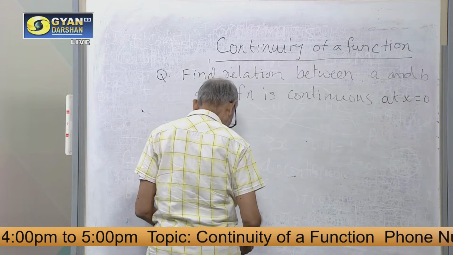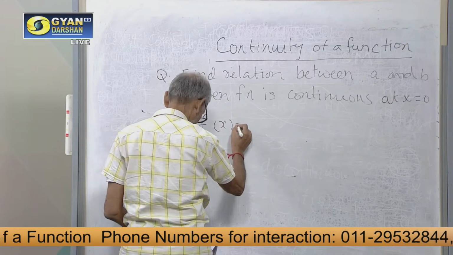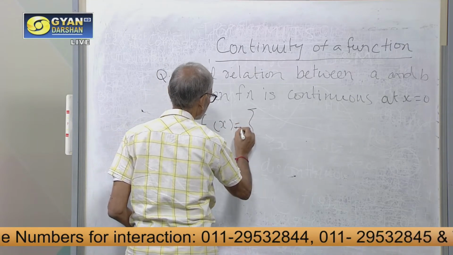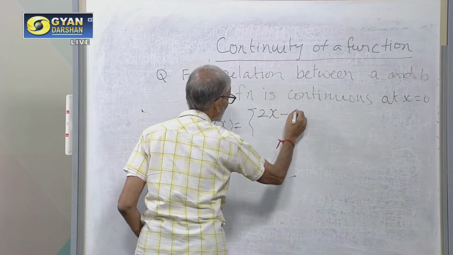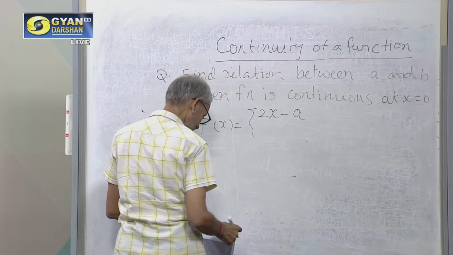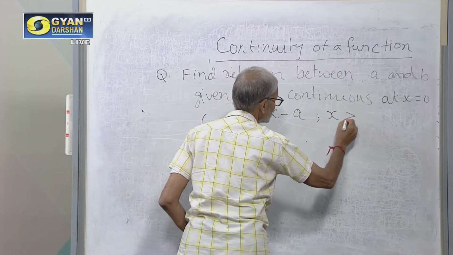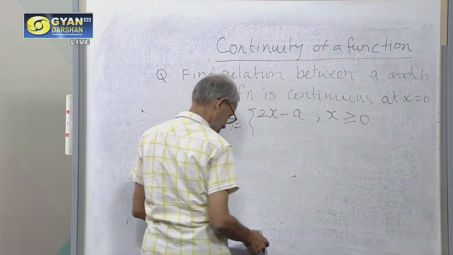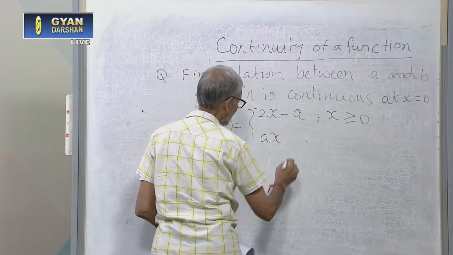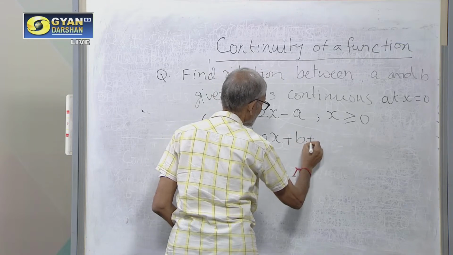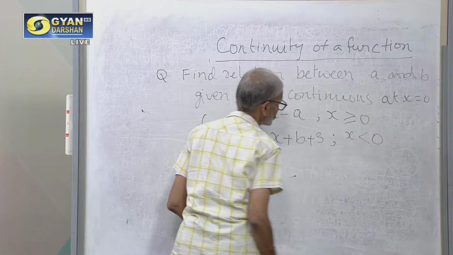Now, what is the function? Function is defined as 2x minus a if x is greater than or equal to 0, and it is equal to ax plus b plus 3 if x is less than 0.